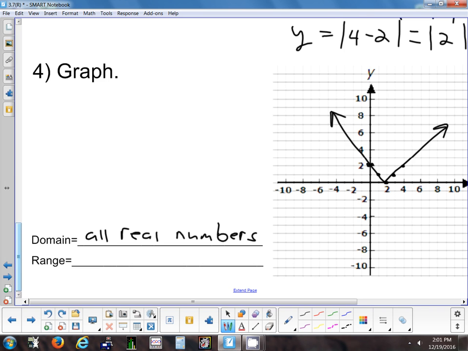Well, it goes above 4. 0 to 10? It goes above that. 0 to infinity, yes. So for the range, you could say it's all values greater than or equal to 0, because it does hit 0 right there. Any questions on that?